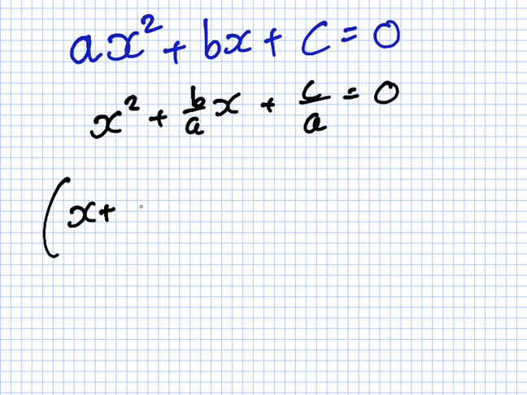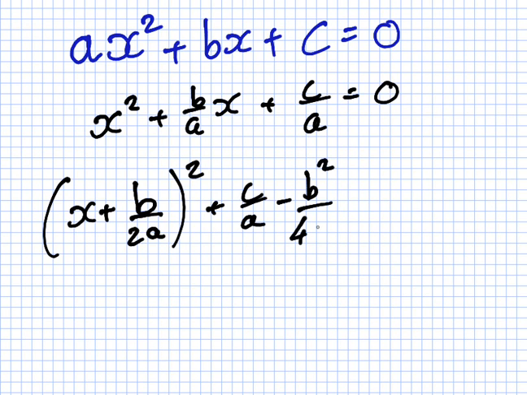Half b, b over 2a, thank you KJ. So b over 2a squared. Now what goes at the back? It's this number, minus the square of this number. So that's plus c over a minus b squared over 4a squared equals 0.